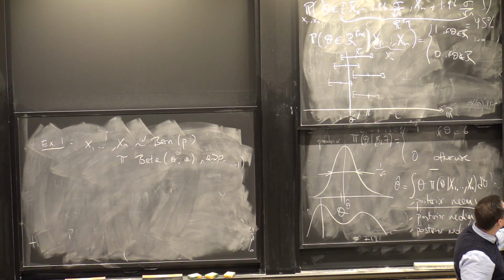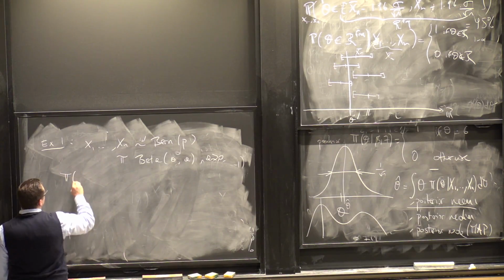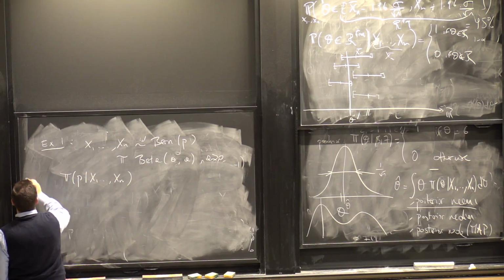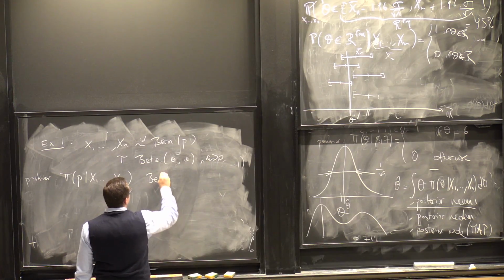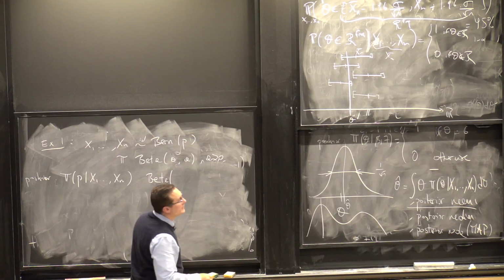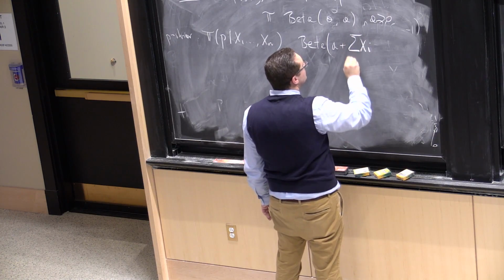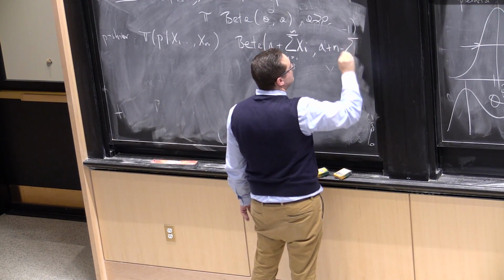And we know that it's actually going to be, sorry, that was uniform. So what we get is that the posterior is actually going to be a beta with parameters a plus the number of ones and a plus the number of zeros.